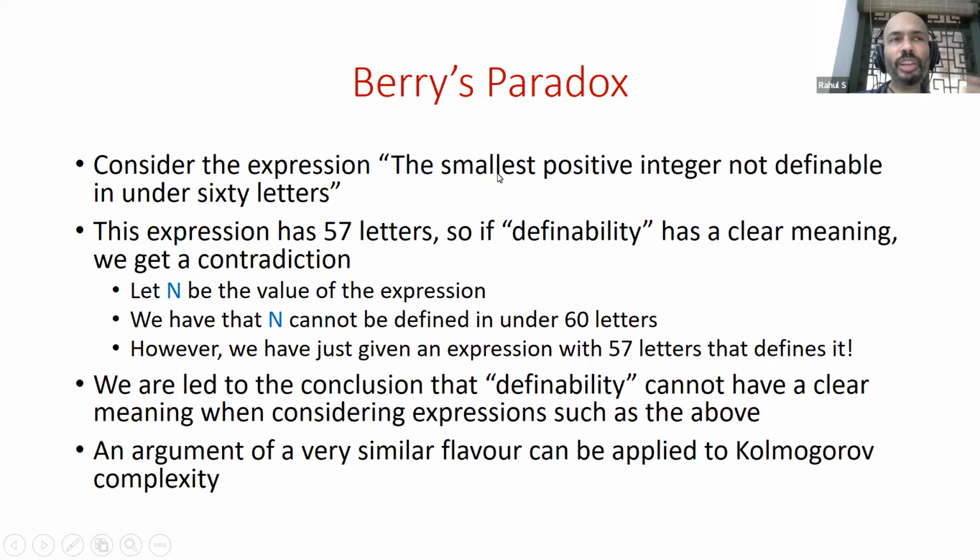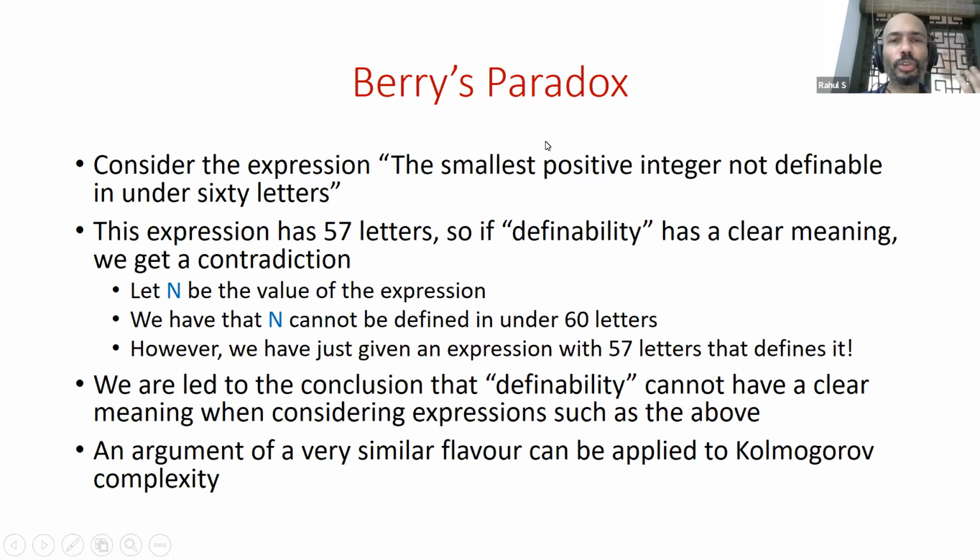We might naively think that definable has a clear meaning, because you could define integers like the sum of 1 and 2, or the smallest integer with 5 ones and 3 twos. There are various ways of describing or defining integers. So it might seem that definability is an unproblematic notion.